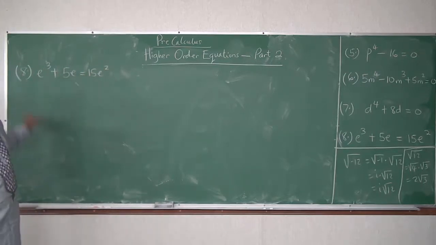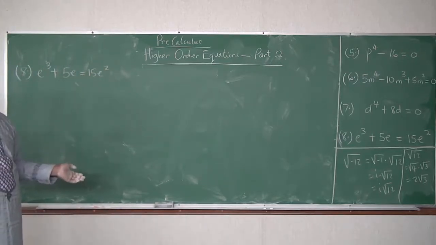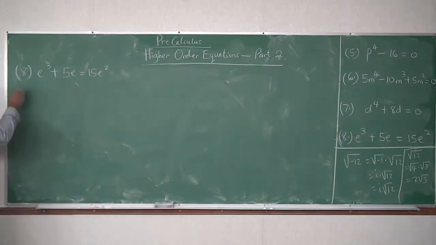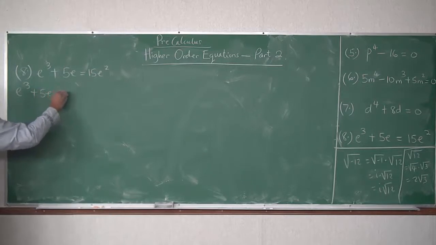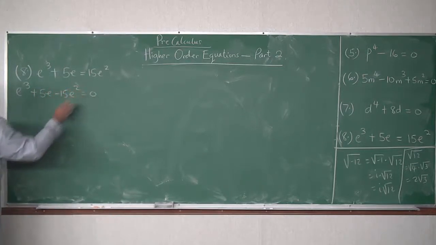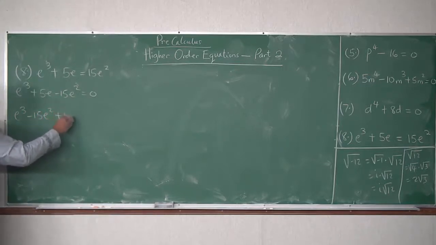Alright, let's set it to be equal to 0. We set this to be equal to 0. E cubed plus 5E minus 15E squared equal to 0. E cubed minus 15E squared plus 5E equal to 0.